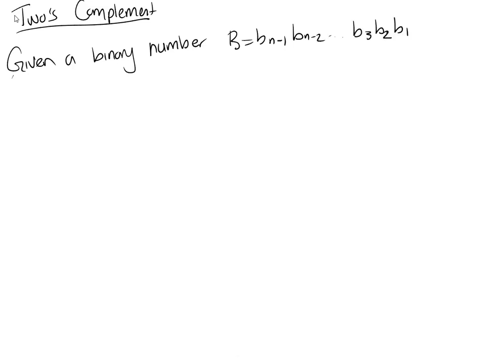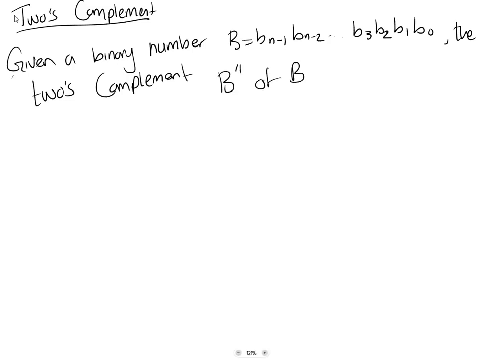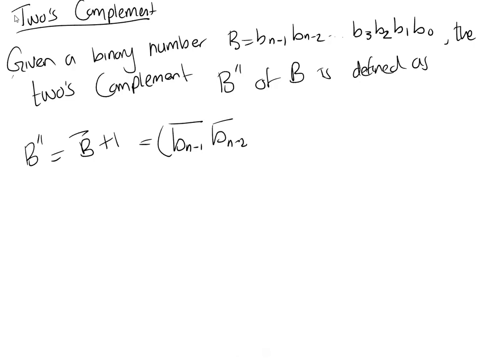So 2's complement: given a binary number b, equal to b_{n-1}, b_{n-2}, all the way to b_1, b_0, the 2's complement b'' of b is defined as b'' = b' + 1, which is equal to the complement of b_{n-1}, the complement of b_{n-2}, all the way to the complement of b_1, the complement of b_0.